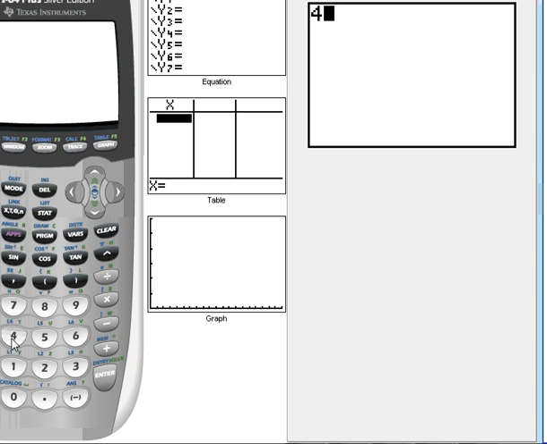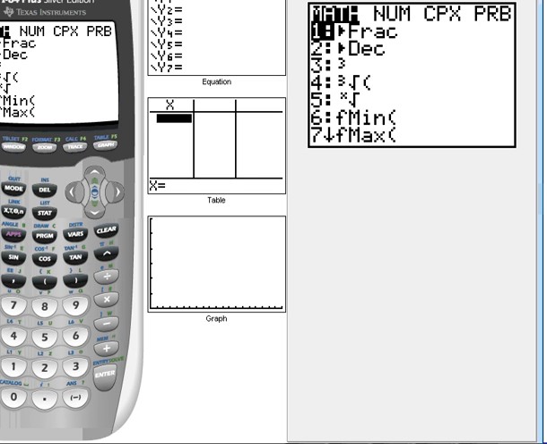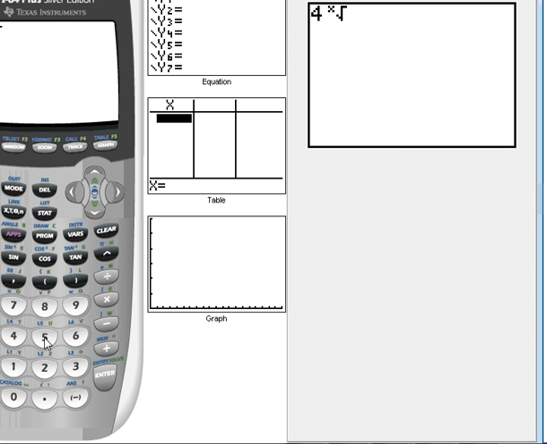Then I want you to hit math, go down and hit 5. I know it doesn't look like it, but that 4 is really that x. That's an improvement on the calculator; this software is a little dated. Then type in 78 and hit enter.